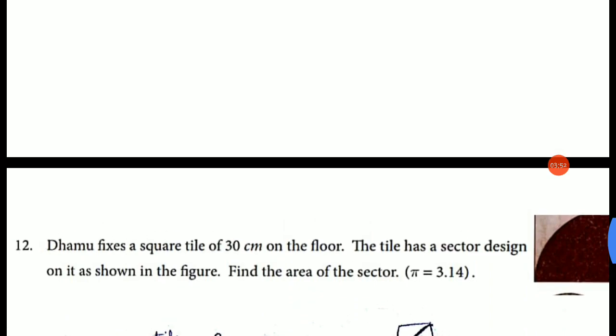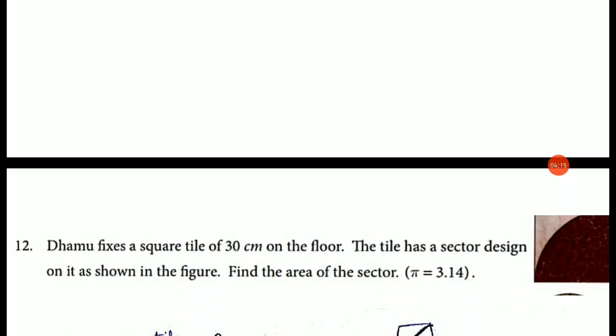Now, the next sum. Damu fixes a square tile of 30 centimeter on the floor. The tile has a sector design on it as shown in the figure. Find the area of the sector. The question is, Damu is fixing tiles on his floor. That is, each tile is 30 centimeter.